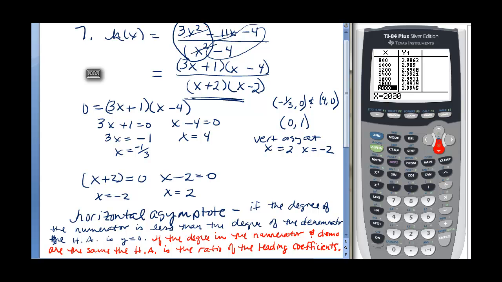So here, since the degree is the same, my horizontal asymptote is going to be the ratio of my coefficients, which is 3 over 1. So I have a horizontal asymptote at y equals 3 for this function.